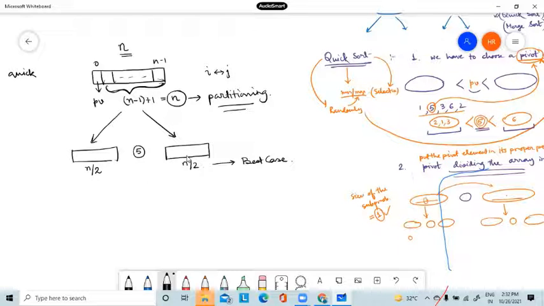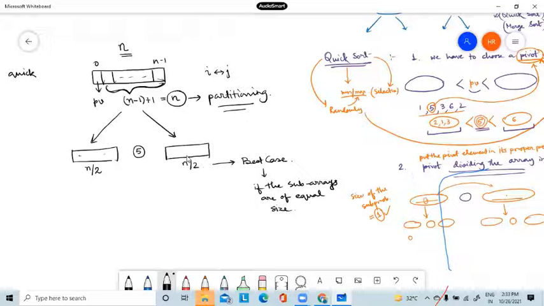When will we get the best case? If the sub-arrays or sub-problems are of equal size. Remember this.